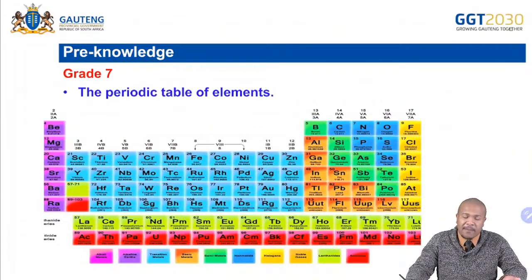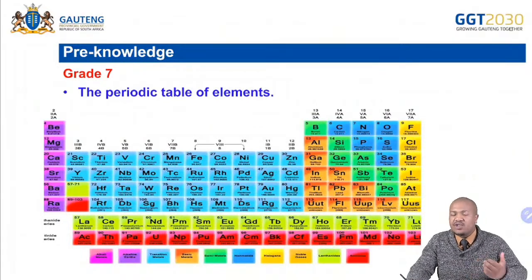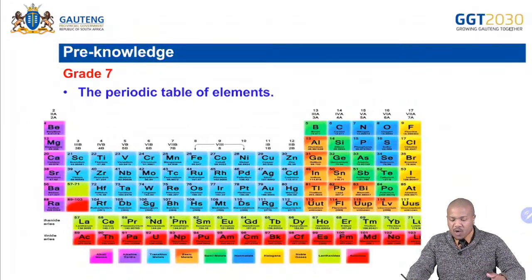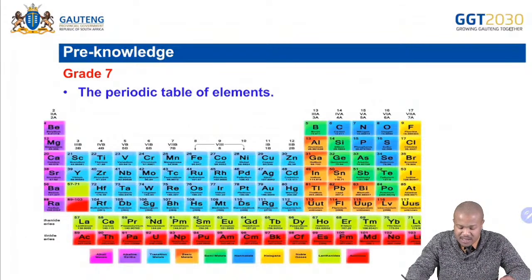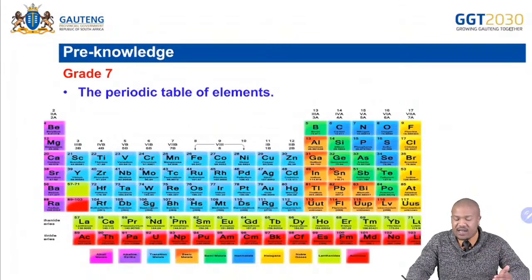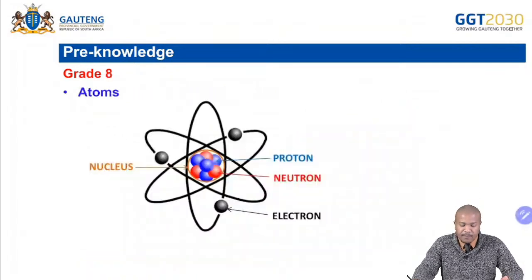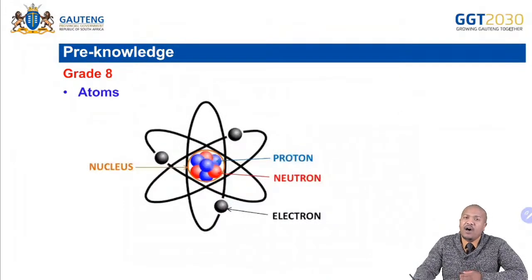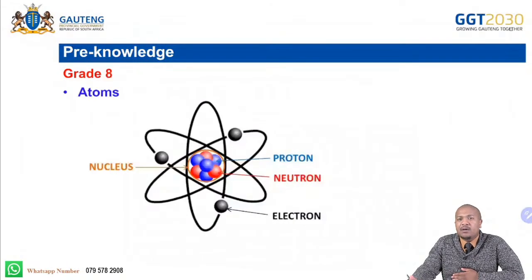Just to mention some, we talked of elements such as hydrogen as the first one, and elements such as boron, oxygen, and all the first 20 elements that we have discussed in grade 7, grade 8, and grade 9. Then in grade 8, we discussed the topic of atoms. We said that atoms are the building blocks of matter, where matter is anything and everything that occupies space and has mass.